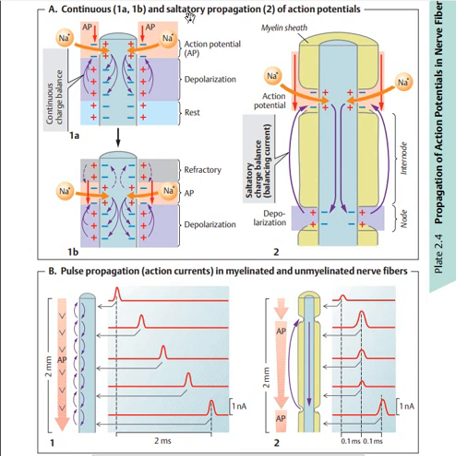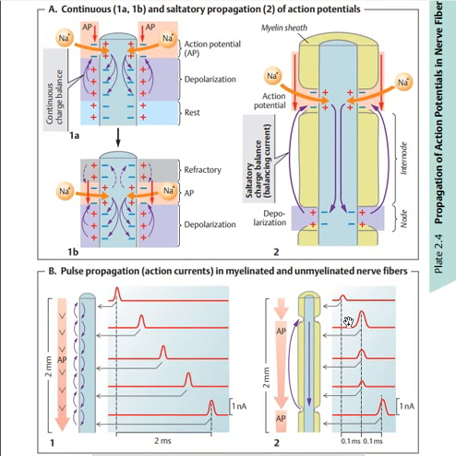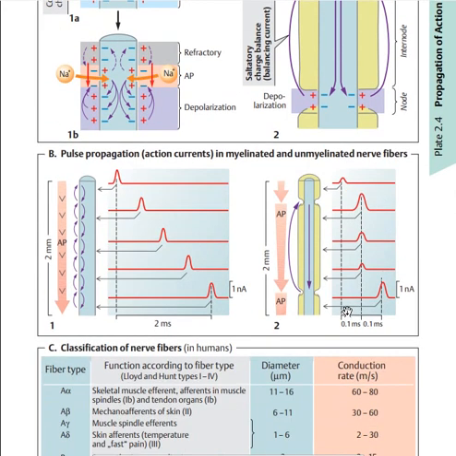While in saltatory propagation, where you have the nodes of Ranvier separated by myelin sheath, you have a stable amplitude with respect to time. As you can see in this diagram, the amplitude is going to be smaller inside the myelin sheath, but when it comes to the next node of Ranvier, the amplitude is going to be great again. This is why saltatory propagation is going to be faster and much more conservative than continuous propagation.